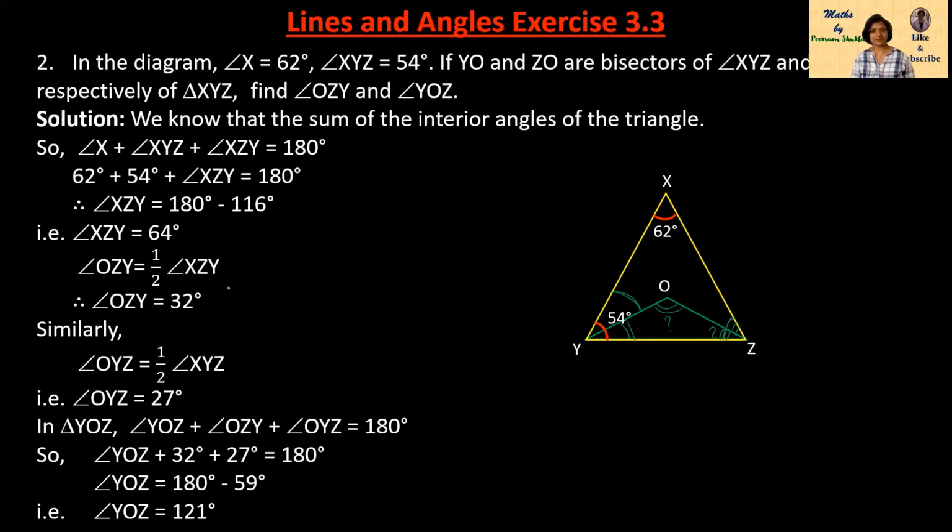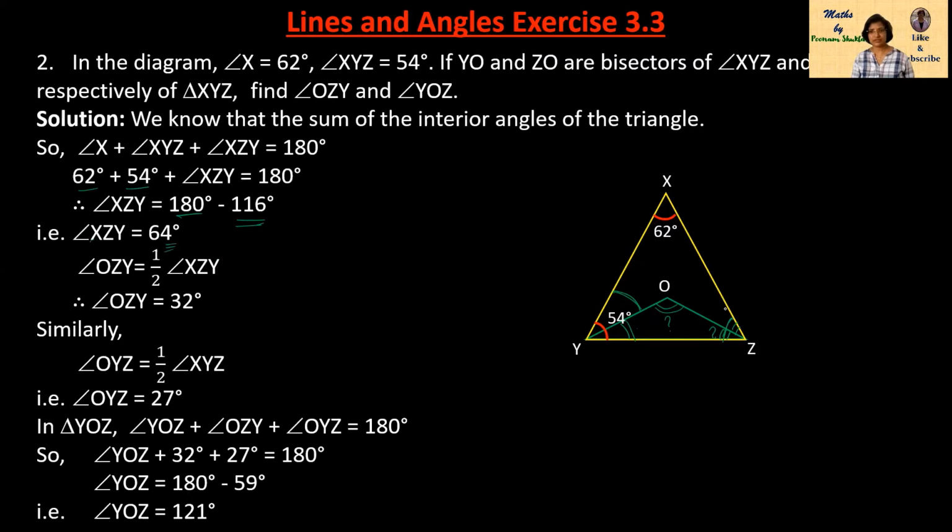So angle XZY equals 180 minus 62 minus 54. These two add up to 116, so we are subtracting the sum of these two numbers from 180 to get angle XZY. So XZY equals 64 degrees, right?